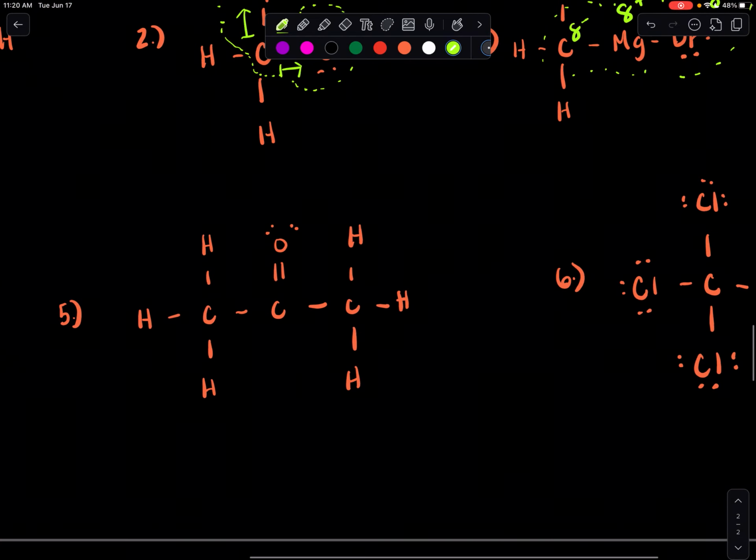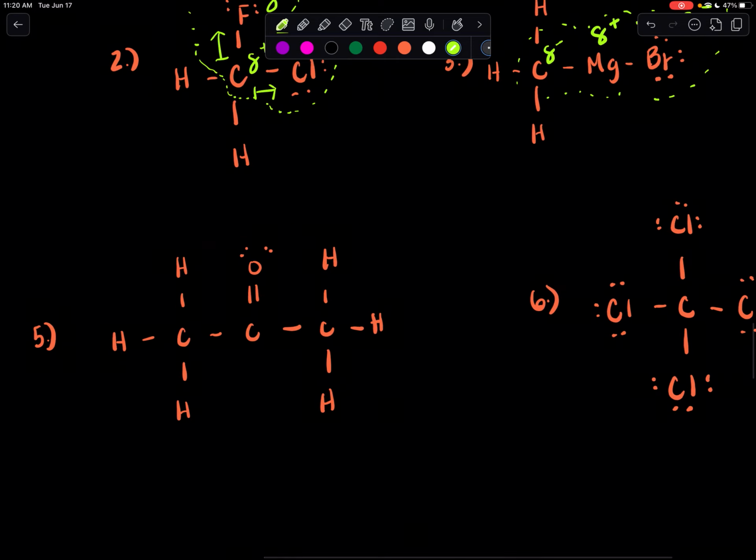Okay, so let's look at this one. We see a double bond. We talked about carbon and hydrogen. That's a covalent bond, so we don't need to worry about that. We have a carbon, however, with a double bond. So what I want you to see is a double bond with oxygen, which is more electronegative than carbon.